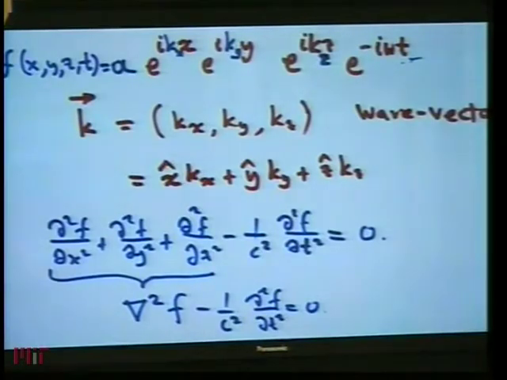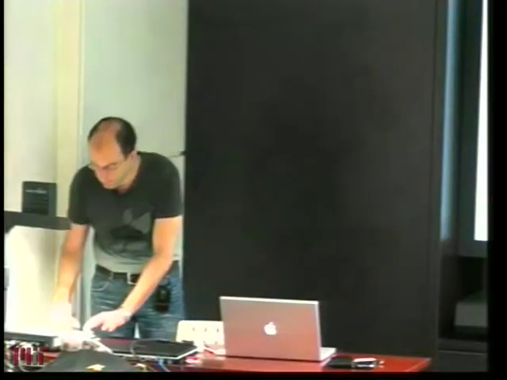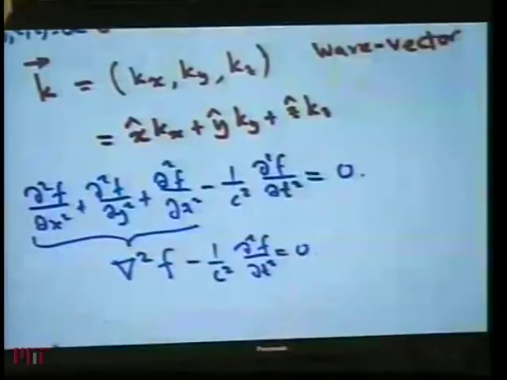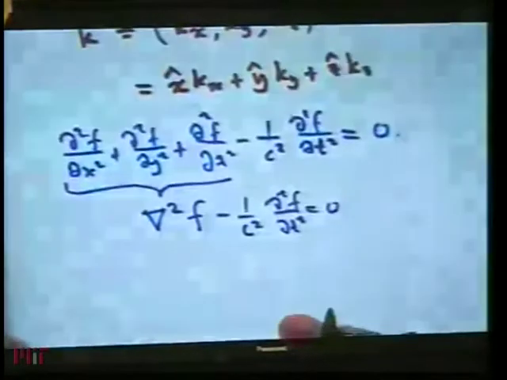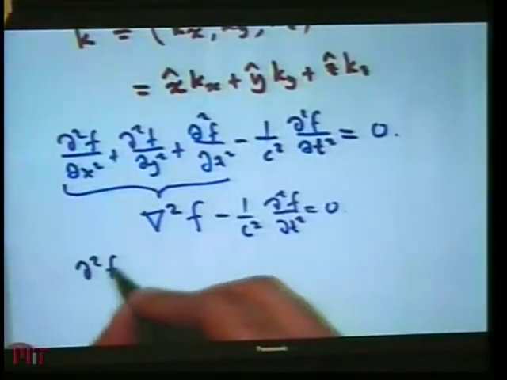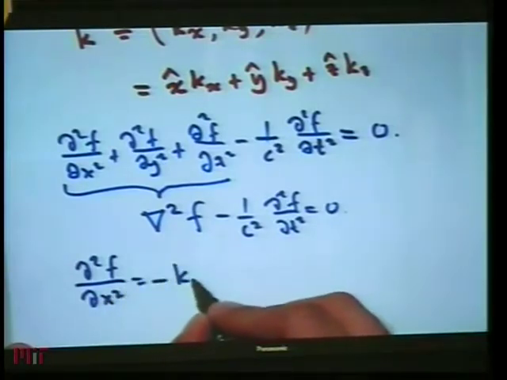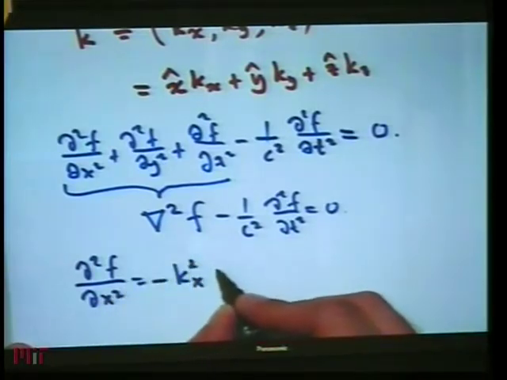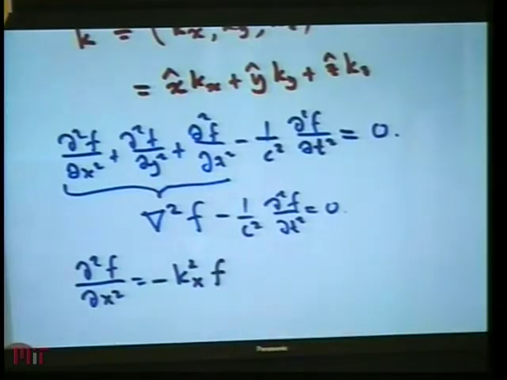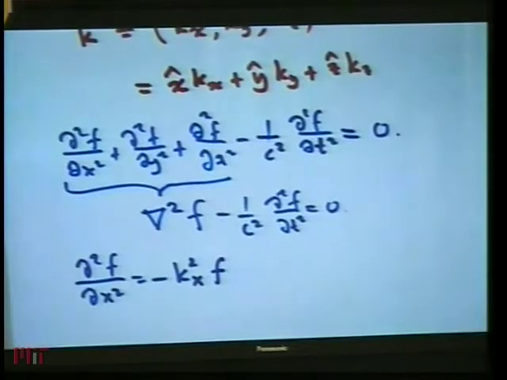And since i squared equals minus 1, the derivative will look like this. Let me write it separately here. The second derivative of f with respect to x will equal minus kx squared times f itself, right? And then I can do the same for y and z and t, except in the case of time, I will pull out omega squared.